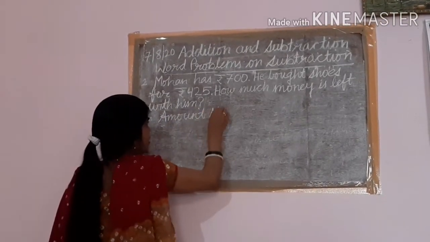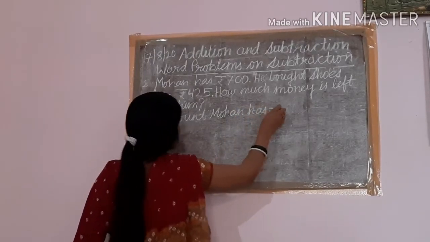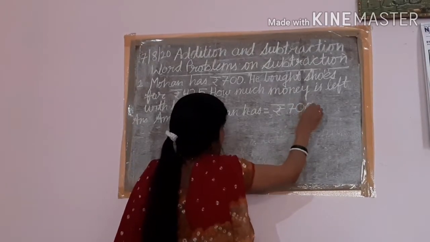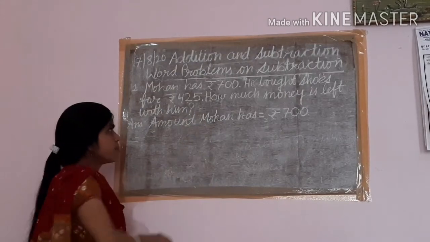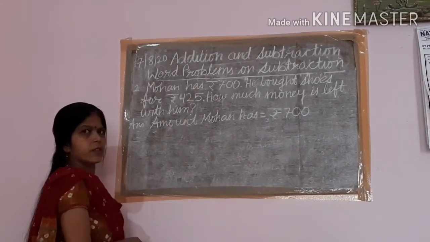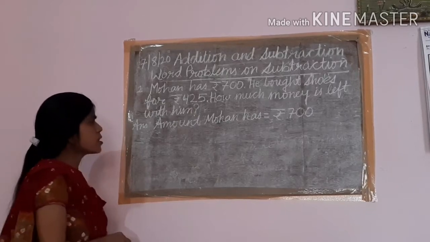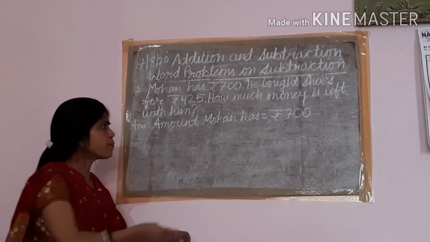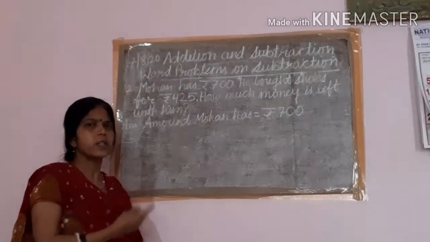Amount Mohan has: rupee sign, 700. Then he bought shoes, and the price of the shoes is rupees 425. So he spent some of this money to buy the shoes.